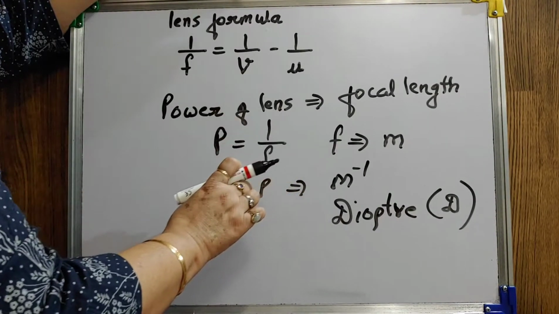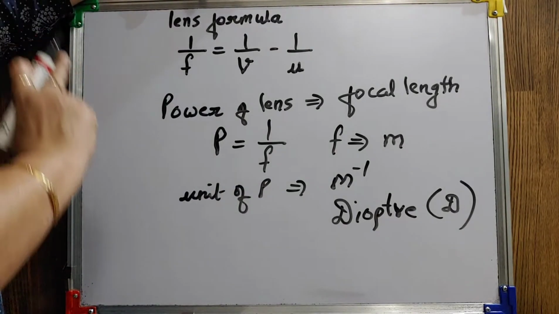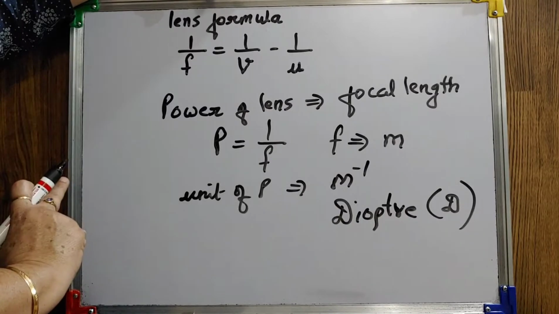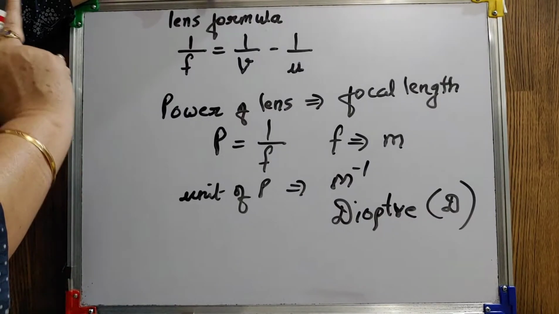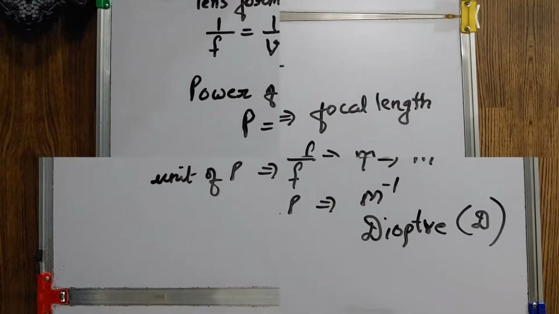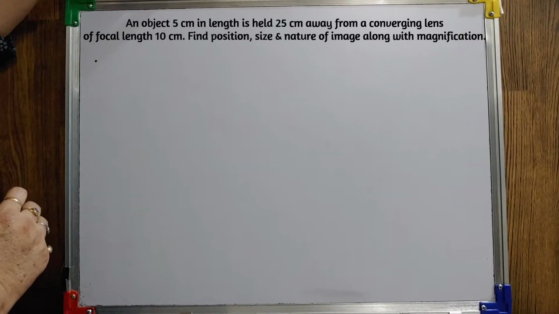You already know the focal length of a convex lens is positive, so the power of a convex lens is positive. The focal length of a concave lens is negative, so the power of a concave lens is negative. Now we will solve the numericals based on this.